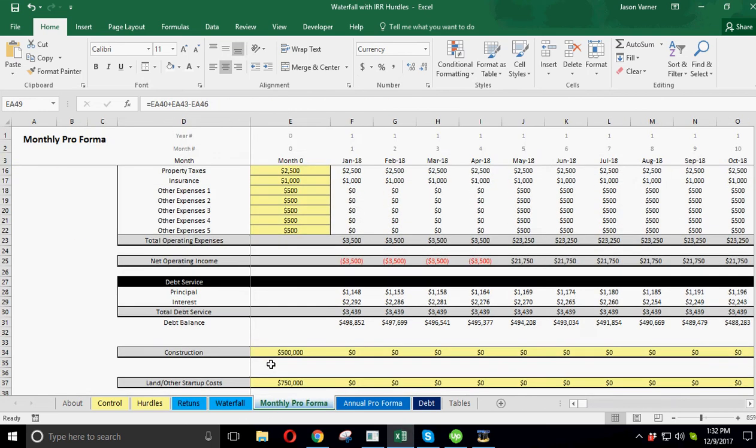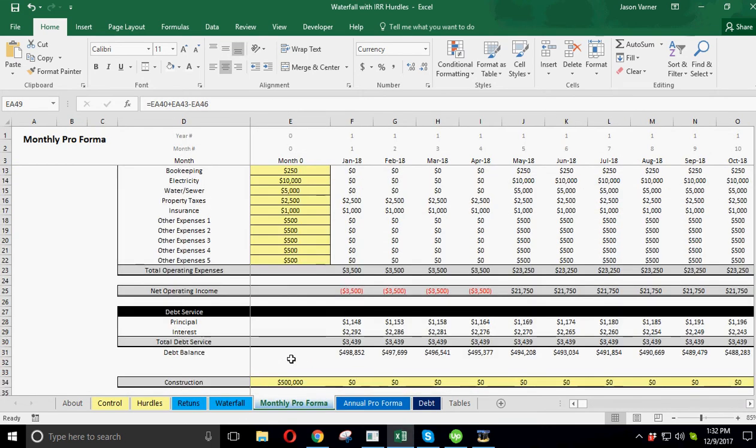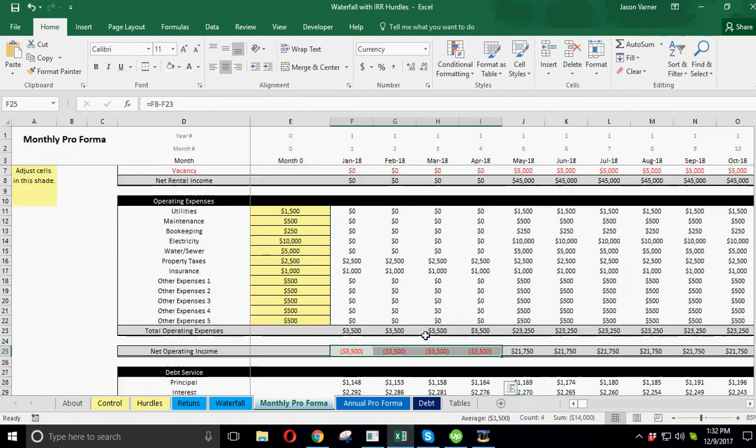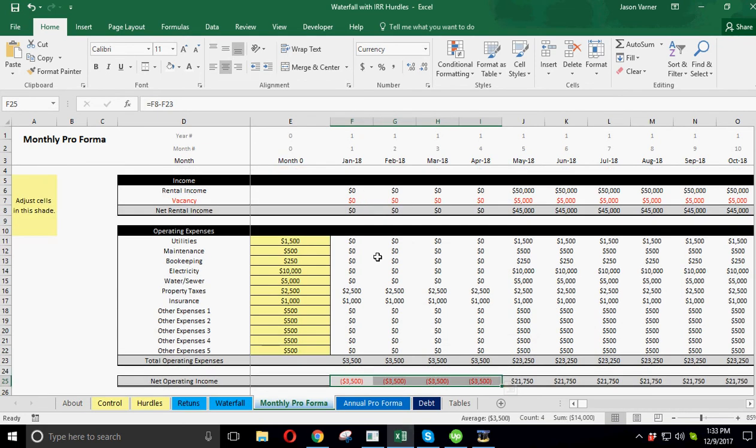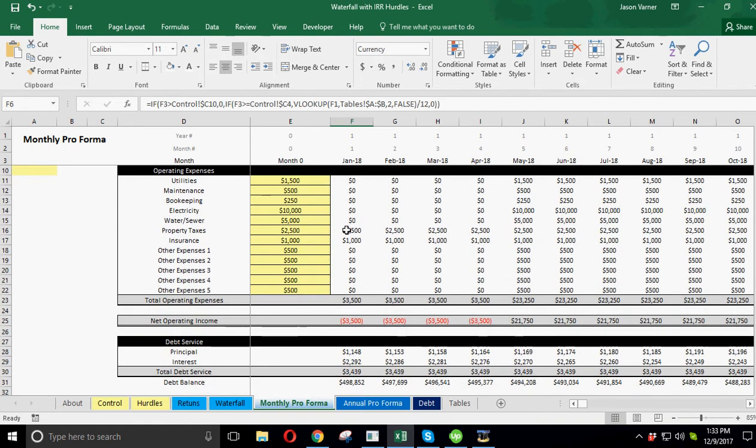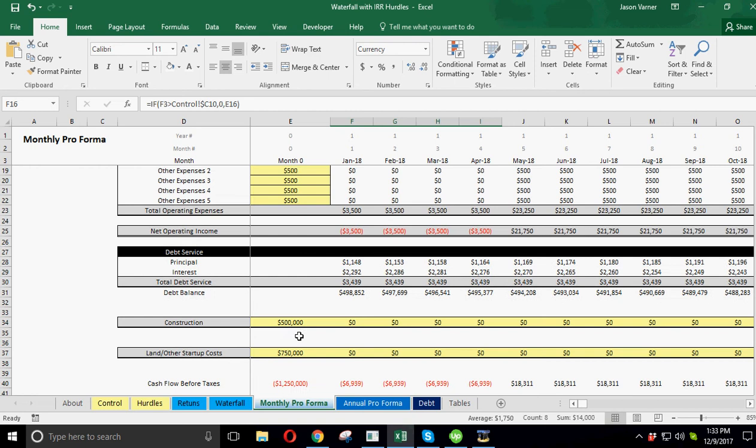Reason being is it's assumed any negative net income is going to be startup costs, because you're only going to be negative before you start rental income. So assuming the rental income is not starting on the first month of the year, then basically it's just going to be property and insurance accruals and construction, land, and all those costs.